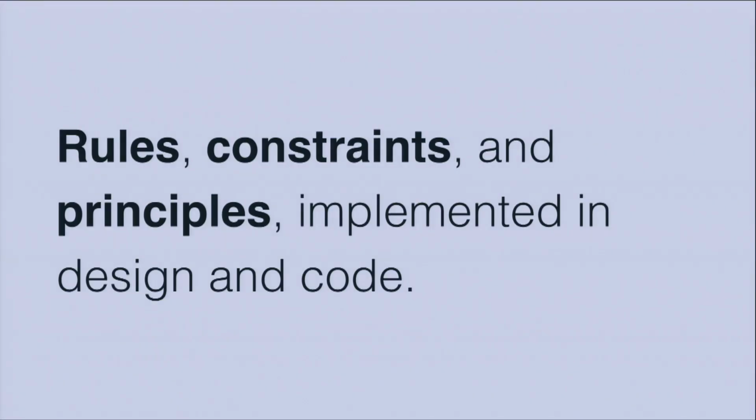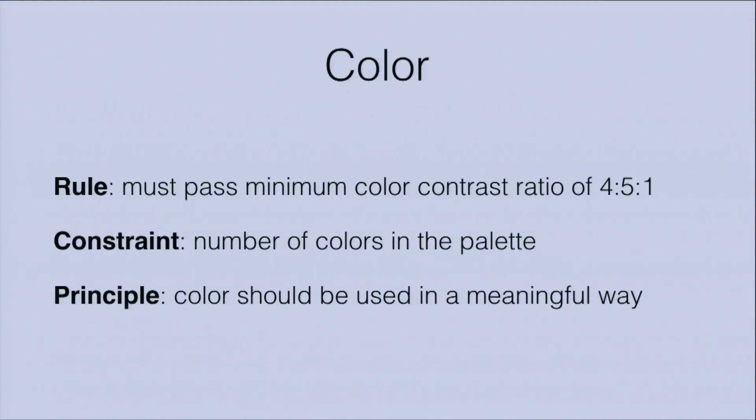So to start with, a design system has rules, constraints, and principles, and they are implemented in design and code. So take color, for example. A rule might be that it must pass a color contrast ratio of 4.5:1, a constraint could be the number of colors in a palette, and a principle could be this color should be used in a meaningful way.